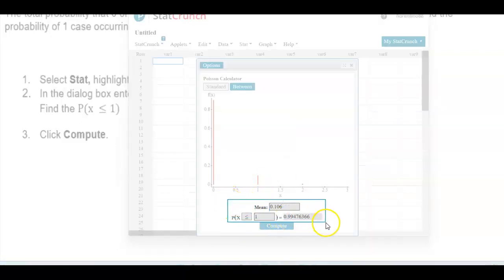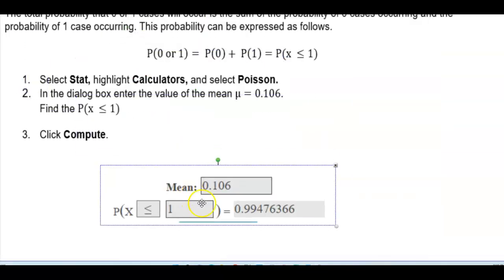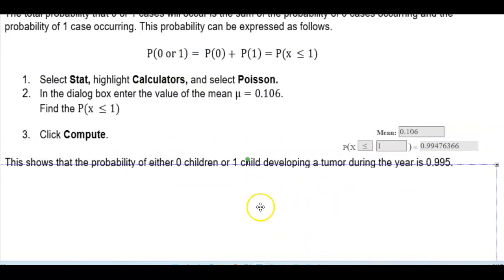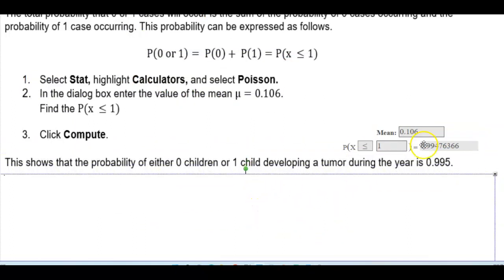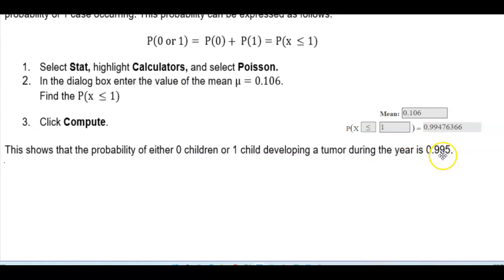And therefore, we get the following. You see that this shows, rounded to 3 decimal places, that the probability of either 0 children or 1 child developing a tumor during the year is 0.995.